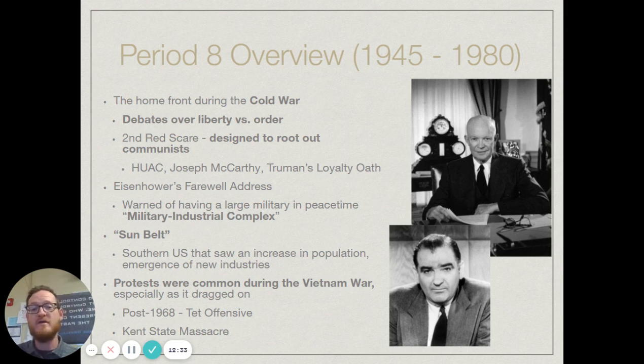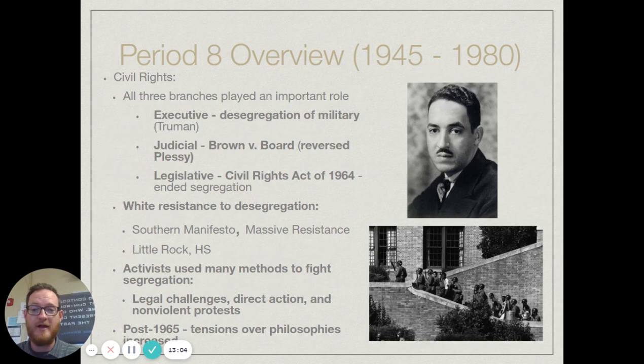The Tet Offensive was a North Vietnamese offensive where they struck a lot of locations, military bases throughout all of Vietnam, a very coordinated attack. And yes, it would be unsuccessful, but it would be successful in bringing to the attention of a lot of Americans, hey, Vietnam is not going the way that we thought it actually was. Again, that feeds more protests, most famously leading to the Kent State Massacre in Ohio, where you have several college students who are killed by National Guard members in a protest while there.